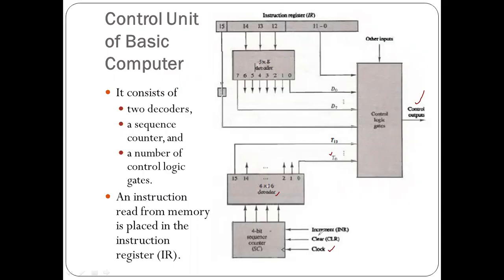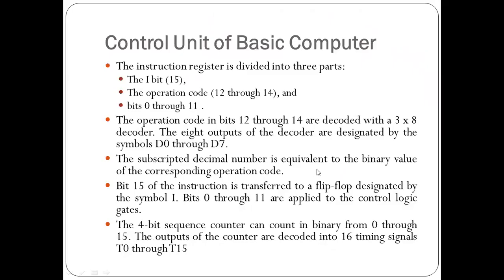So let us see what these time states are. This is what the figure explains. The instruction register is divided into 3 parts: the I bit, the opcode, and 12 bits that refer to a memory or register operation based on the operation code.